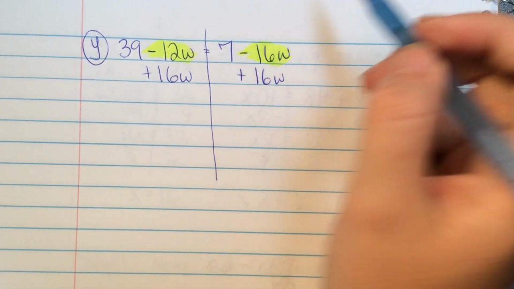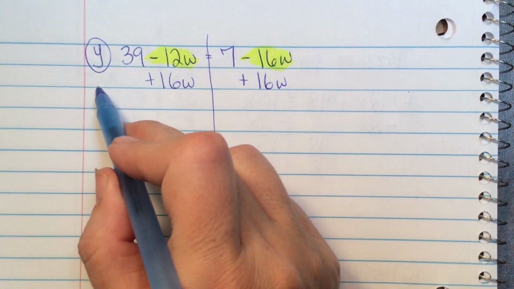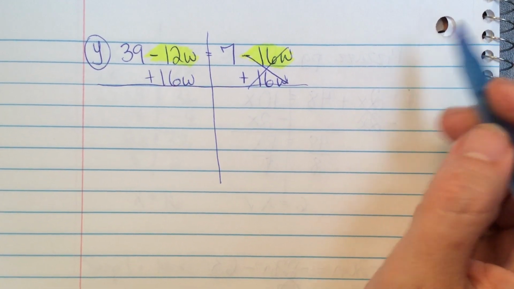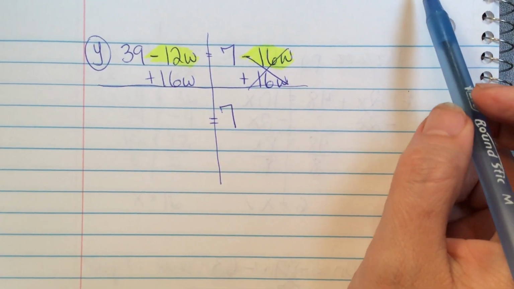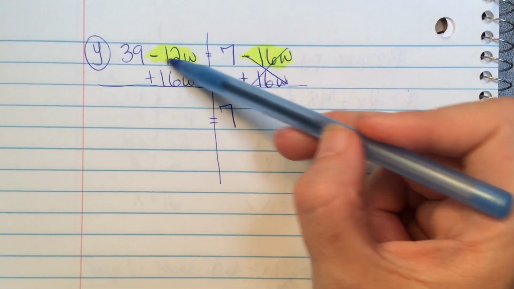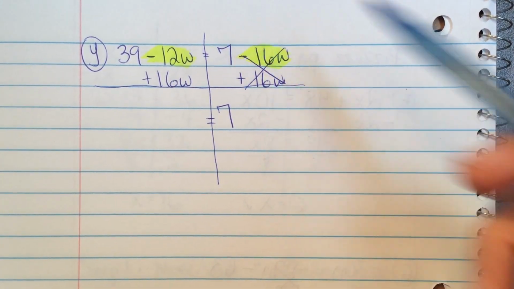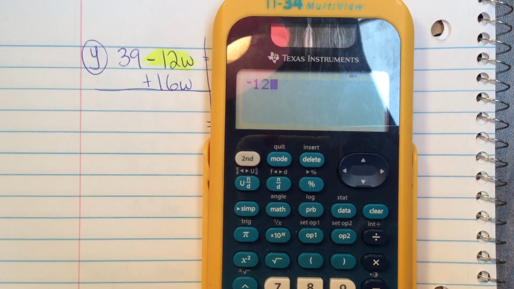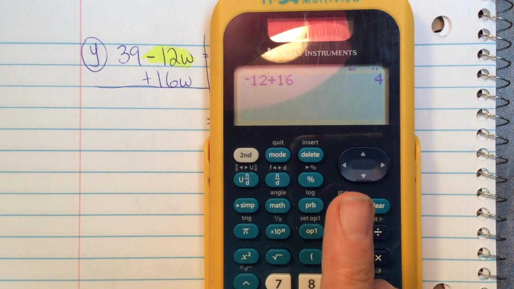I'm going to draw my line. I think I switched pens here. Maybe not. Okay, these 16s are going to cancel out, and we're left with 7 on this side. What's negative 12W plus 16W? Well, in my calculator, if I take negative 12 plus 16, I get 4.